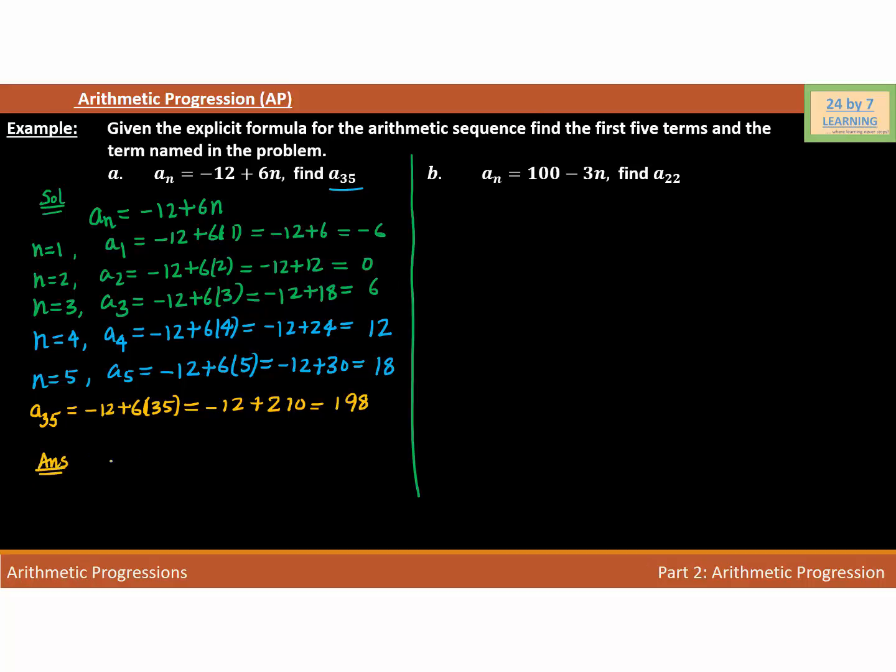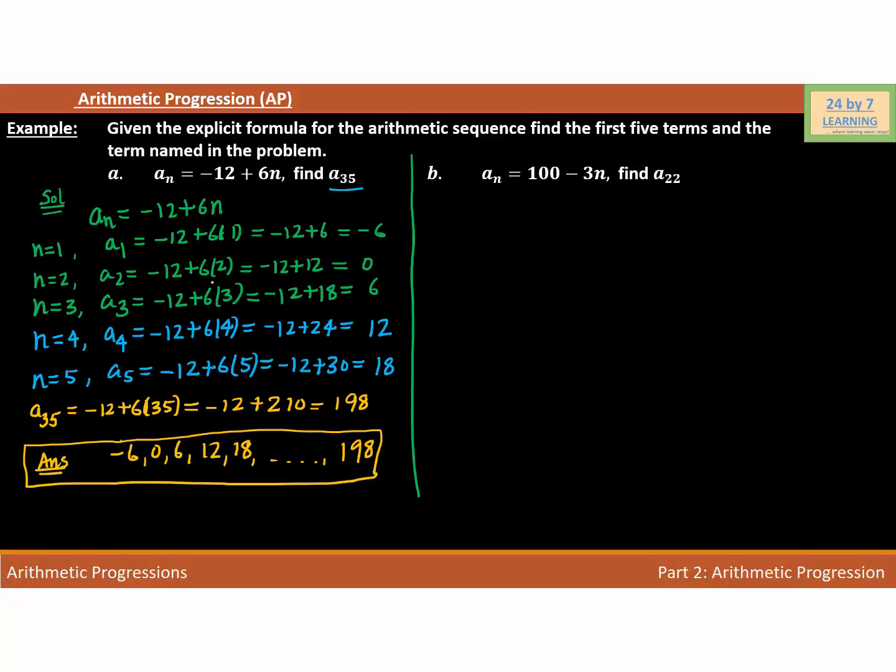My first 5 terms are -6, 0, 6, 12, and 18, and if I keep going, I will get my 35th term, which is 198. This is my sequence for the arithmetic sequence using this explicit formula.